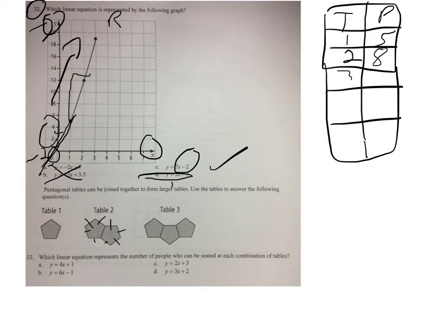At table 3, you can have 1, 2, 3, 4, 5, 6, 7, 8, 9, 10, 11, so you've got 11 here. Based on this table, you should be able to figure out a few things. Remember, the T is the same as the x, and the P is the same as the y. That'll help you out a lot.